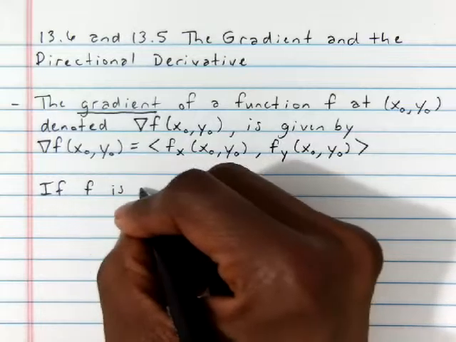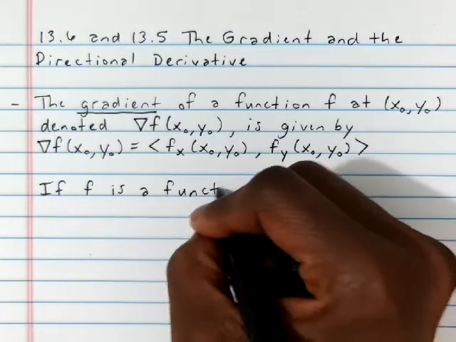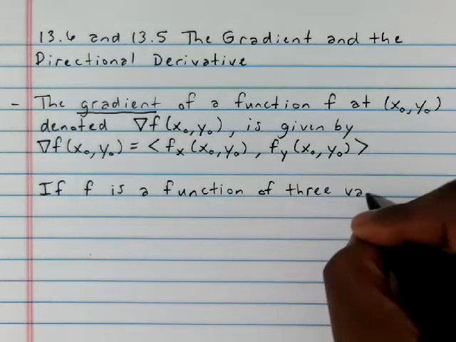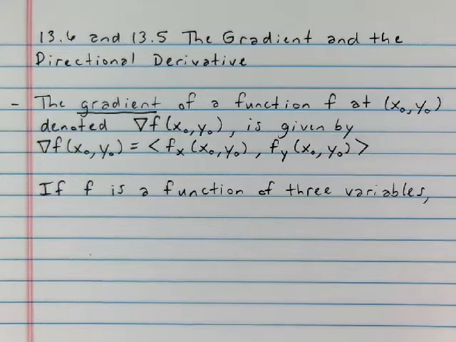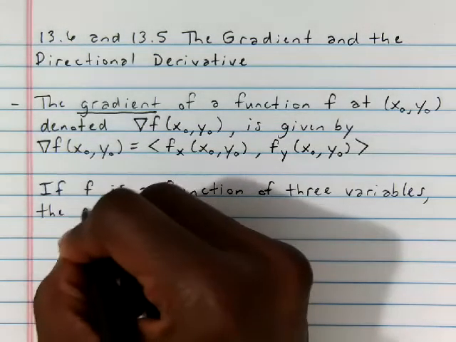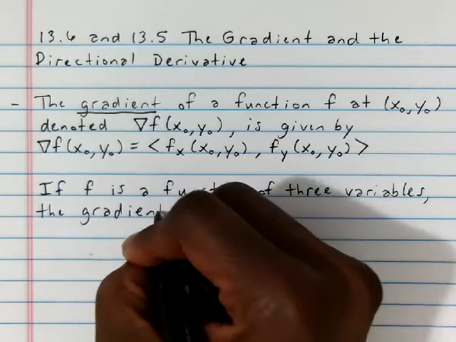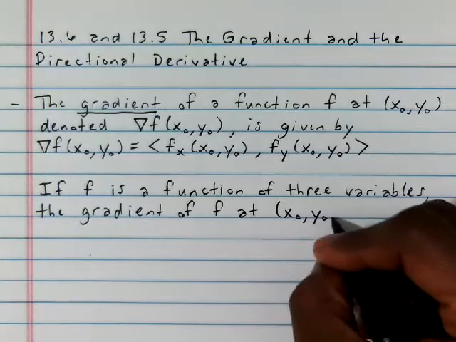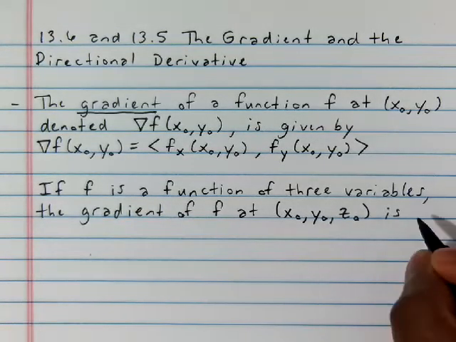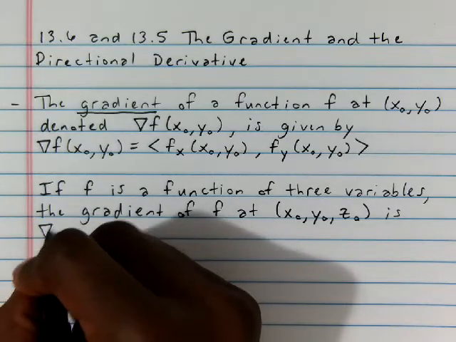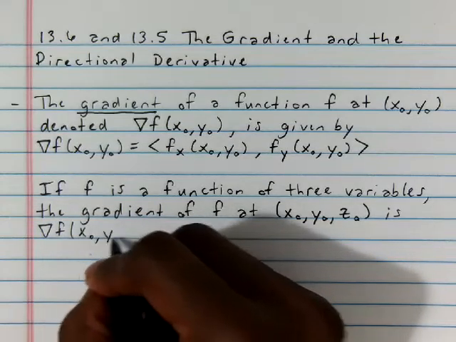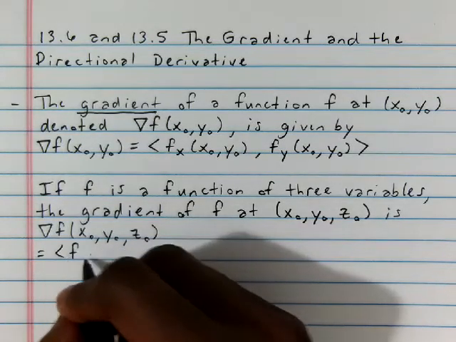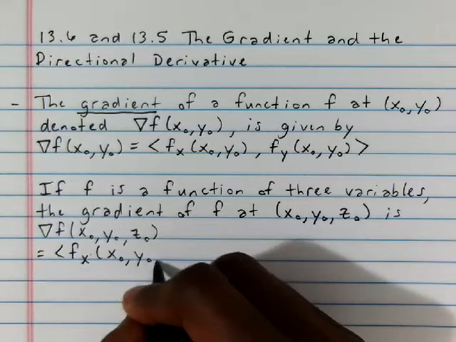If f is a function of three variables, the gradient of f at x naught, y naught, z naught equals the vector whose first component is the partial of f with respect to x evaluated at our point.